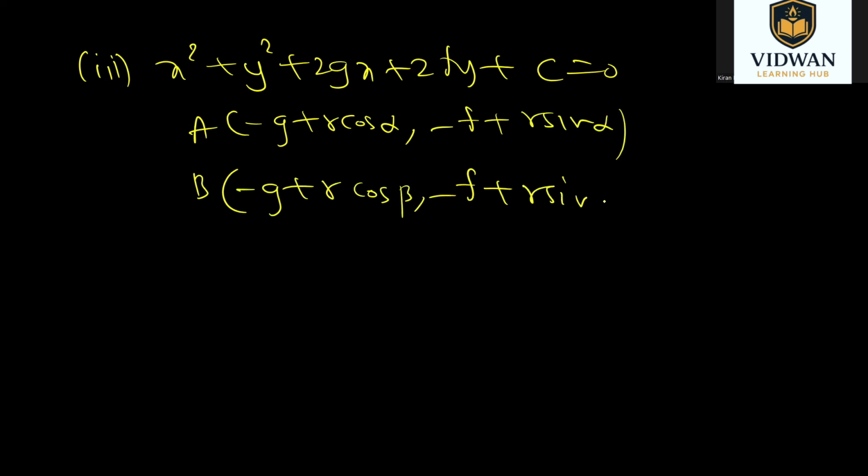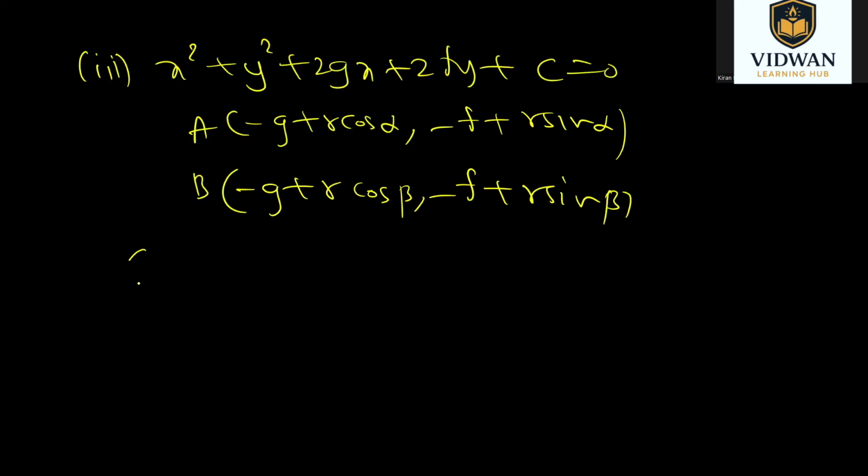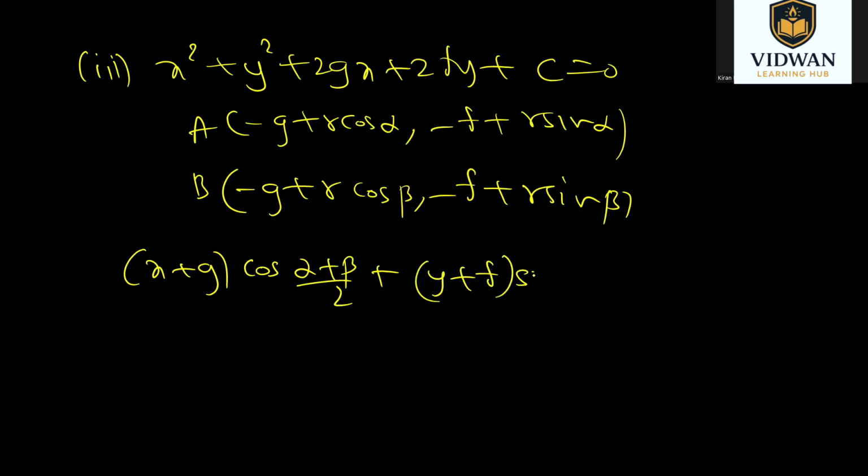This is AB. So when you write the chord equation also, you just need to change h to −g, k to −f here. So it would become (x + g) cos((α + β)/2) + (y + f) sin((α + β)/2) = r cos((α − β)/2).